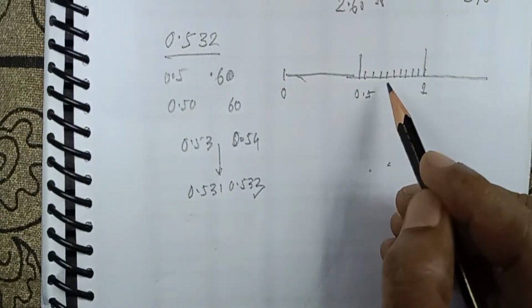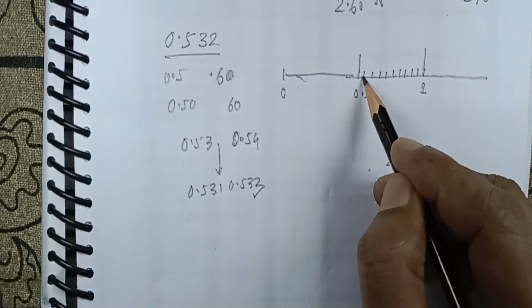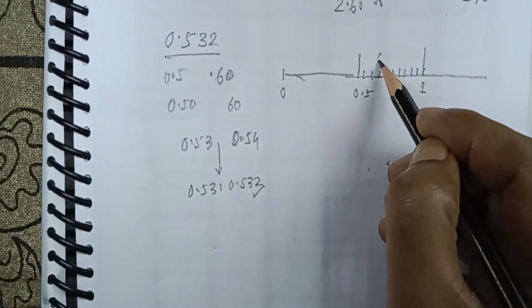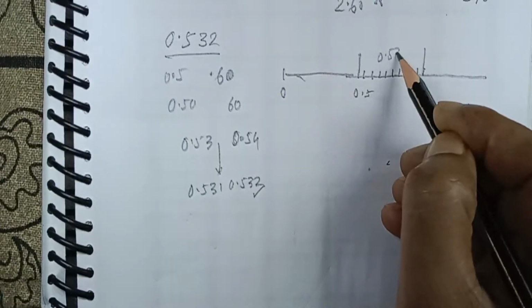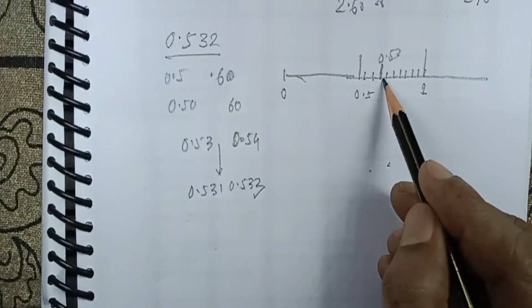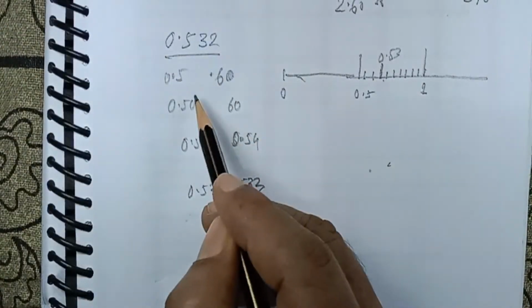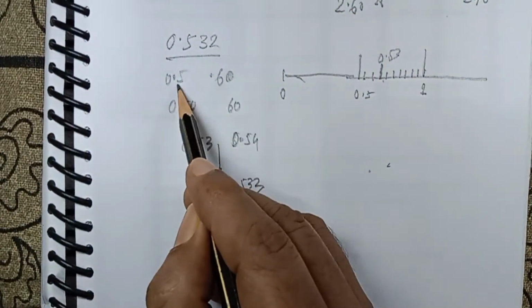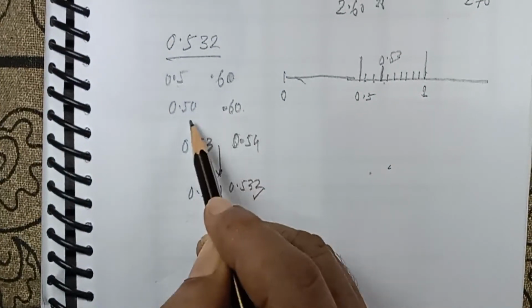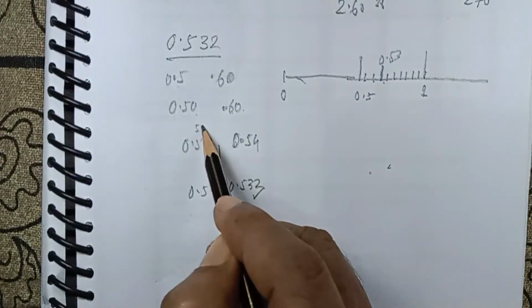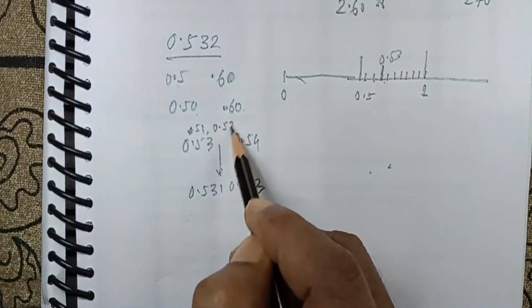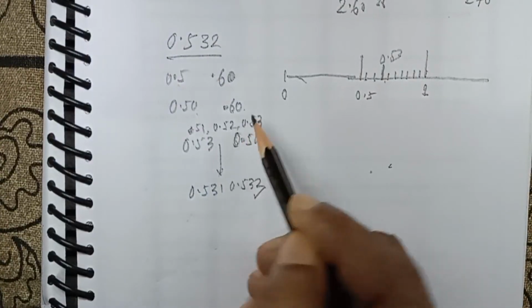And in between, 0.51, 0.52, 0.53. This one is 0.53. Okay. और जैसे 0.5 means what? 0.50, 0.60. तो 0.51, 0.52, 0.53, like that.